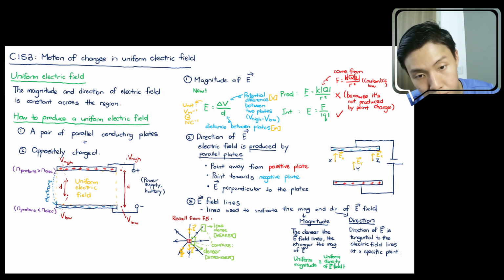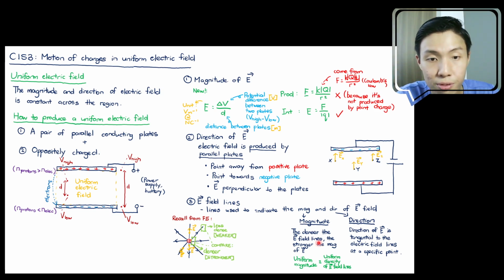Okay, because that's what was mentioned up there, right? The denser the field line, the stronger the magnitude of electric field. So if my magnitude of electric field is the same all over the region, then the density of the electric field line must be the same all over the region.